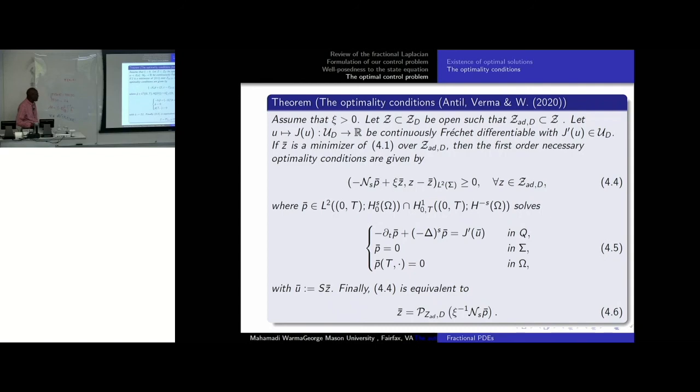Of course, P̄ is the solution of the backward problem with right-hand side the Fréchet derivative at the state Ū. One can prove that Z̄ is exactly the projection of ψ⁻¹ times the non-local normal derivative of the solution of the adjoint equation. That is the optimality condition that we obtain from this parabolic control problem. The proof also goes the same as in the elliptic case.